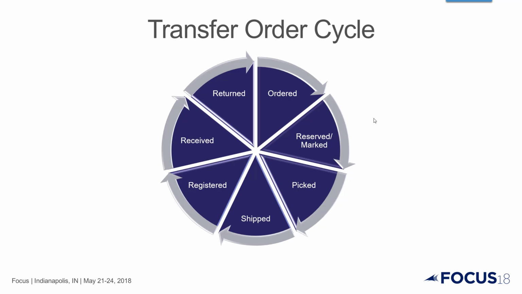It also creates the physical inventory when at the other end I receive it, and that means I can register it. And so register means that I've acknowledged it, received means I put it away, and also, by the way, then I've actually completed the cycle. So I've shipped it and received it, and that ends that cycle. And then, of course, I could possibly return it.